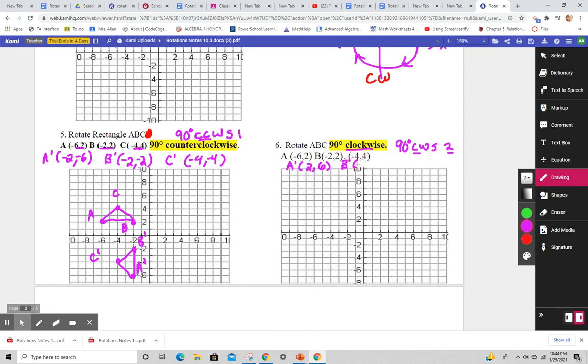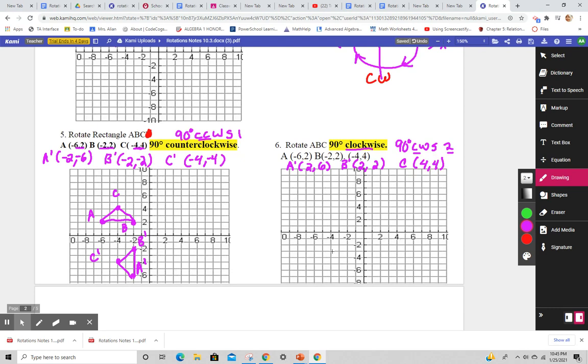B prime, instead of -2, 2, you will have 2, -2, but then you'll change the sign, so it'll be positive. And then C, so you'll have 4, 4, because you'll switch and then change the sign of the second.